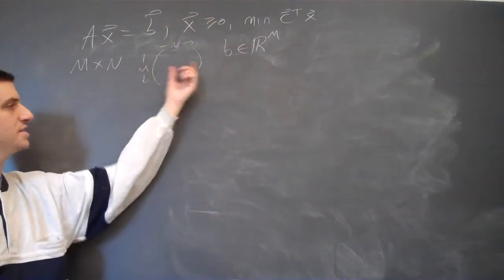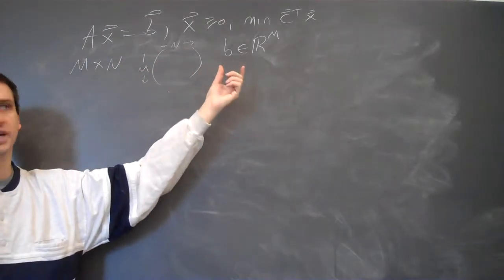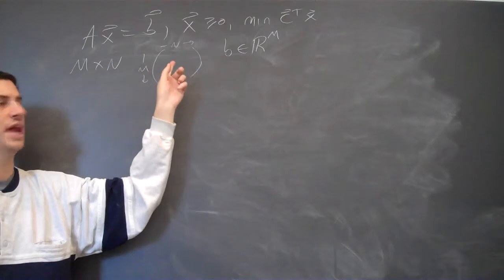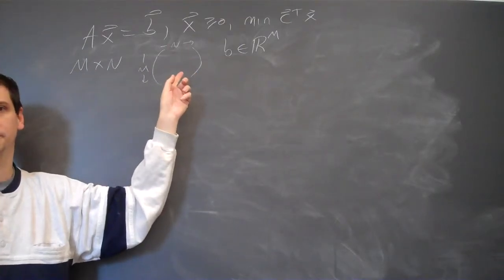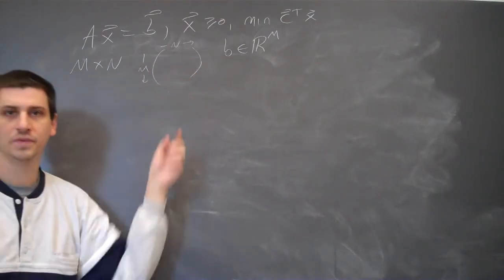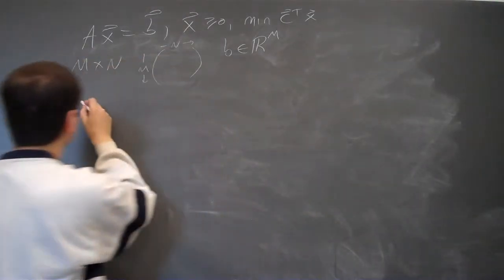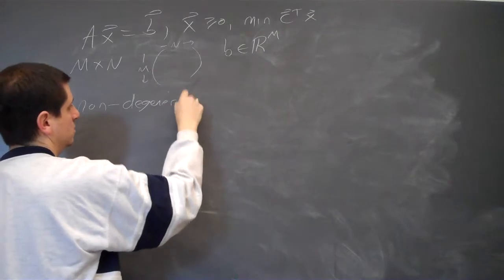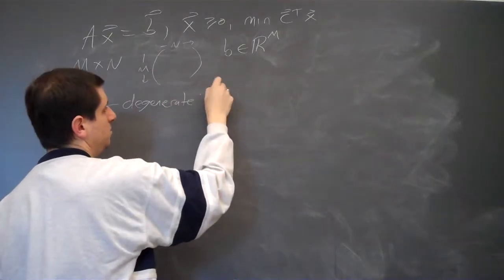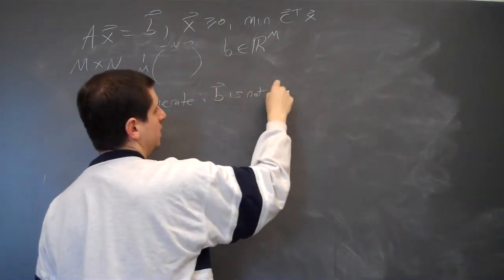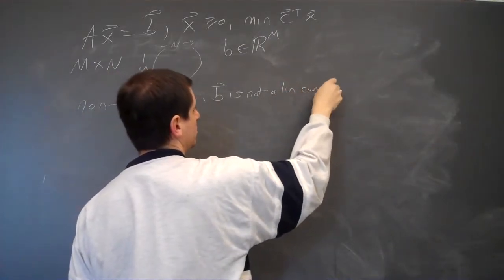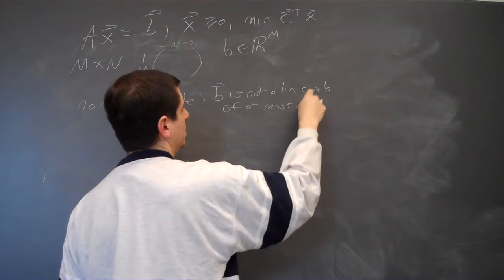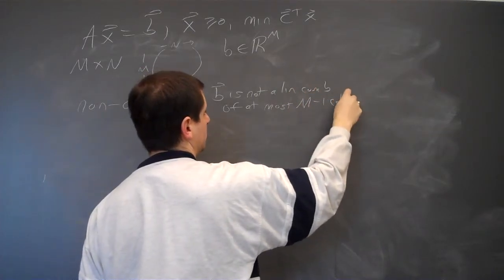We typically make the assumption that the system is non-degenerate, that b does not live in a linear combination of fewer than m columns of A. Okay? So assume non-degenerate. b is not a linear combination of at most m minus 1 columns.